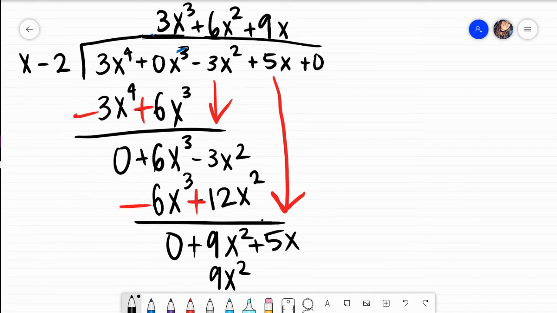Also, heads up, not only do they become 0, the only way they're going to become 0 is if they're the same term. So if you've noticed, I've gotten the exact same thing here each time. Okay, if you do 9x times a negative 2, 9 times 2 is 18. Signs are different, so it's negative 18.